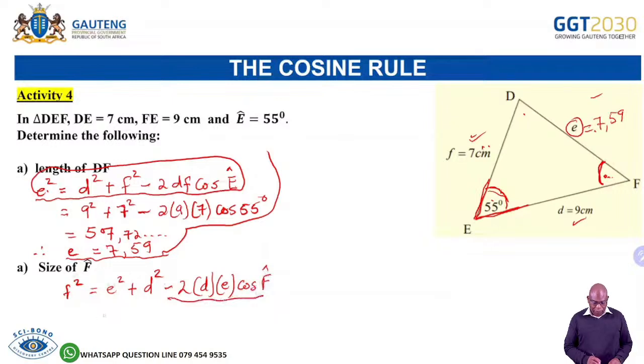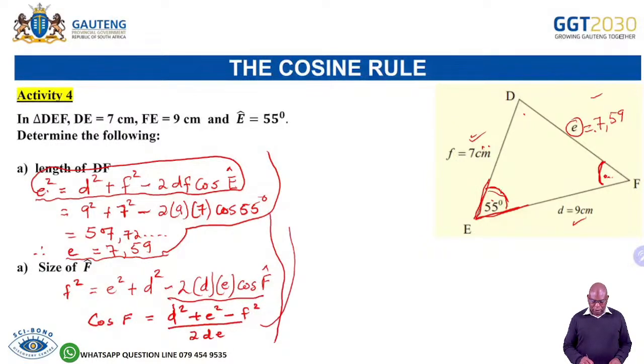So we can have cos of f equals, if I take everything that side, d squared plus e squared minus f squared all over 2 times d times e, right? Then I can quickly substitute this.